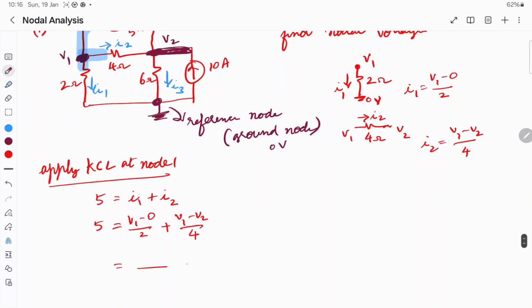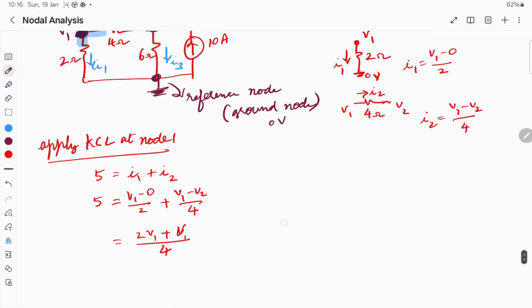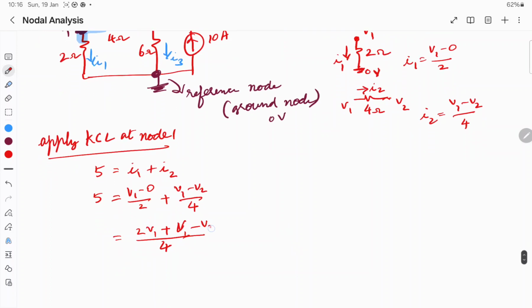Taking the LCM, we get 2V1 plus V1 minus V2, so it is 3V1 minus V2. This is equation 1.